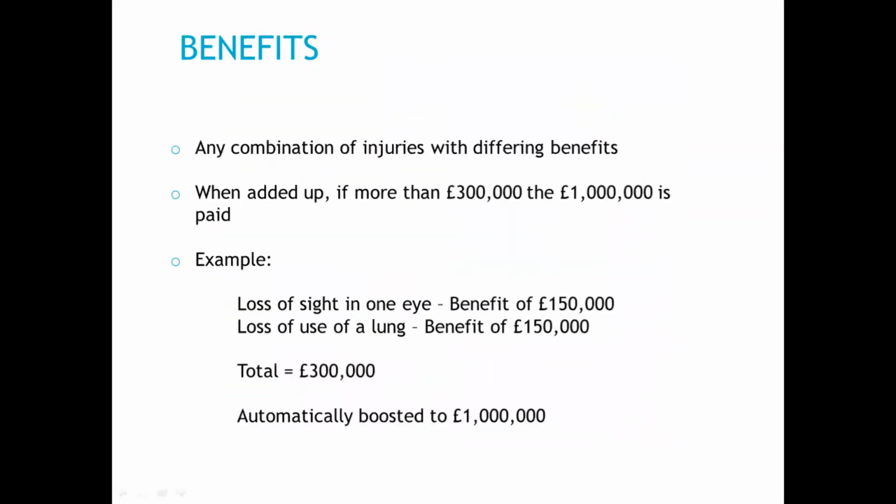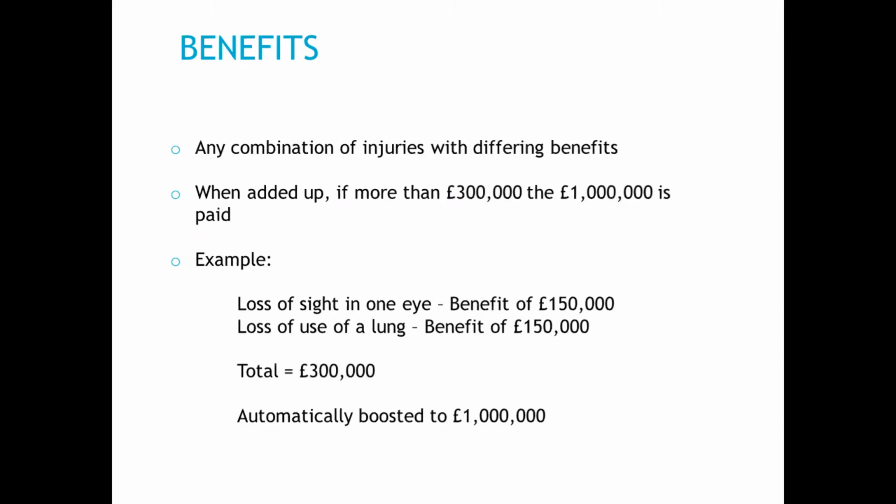But there could be a combination of injuries with differing limits. And when added up, if they are more than 300,000, again, the 1 million is paid. An example, loss of sight in one eye from any one accident, the benefit payable is 150,000. If for the same accident, there is also the loss of use of a lung, there is a further benefit of 150,000.